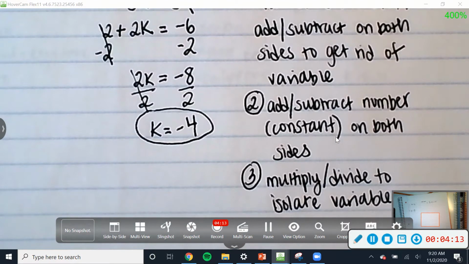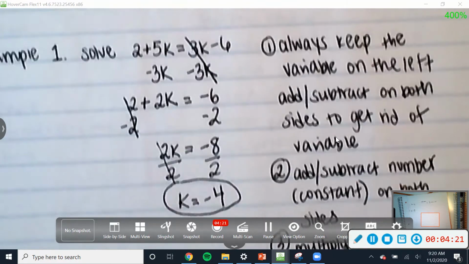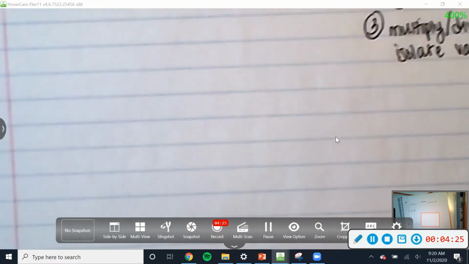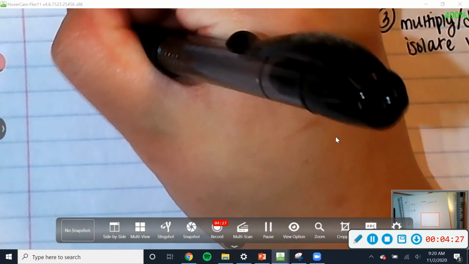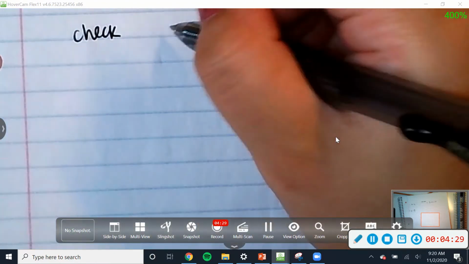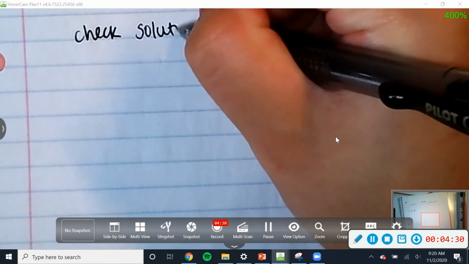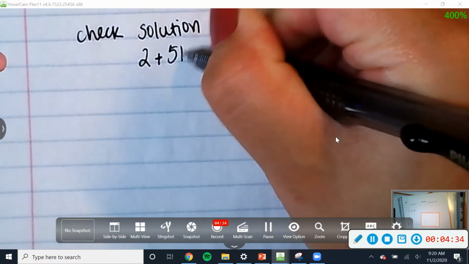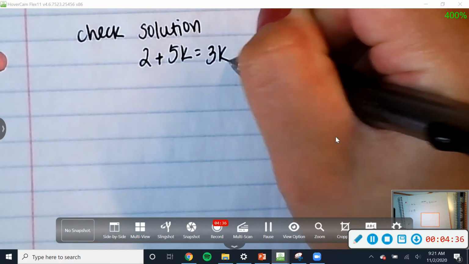Make sure that you also double check your answers here, so I can double check that negative 4 is my correct answer. All I need to do is go back to the original equation and plug it in. So I'm going to rewrite the original equation down here for checking the answer. So my original equation was 2 plus 5k equals 3k minus 6.